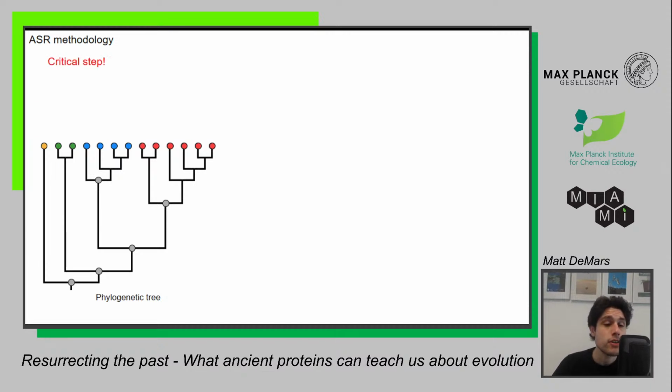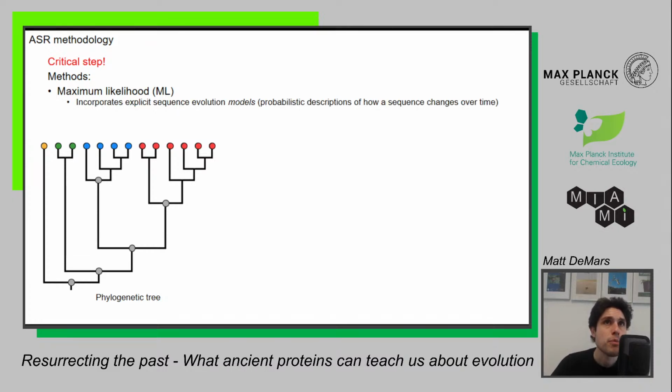This is another very critical step in this process. There are several different kinds of methods that you can use. The most popular ones, and the ones that are especially suited for ASR, are maximum likelihood.